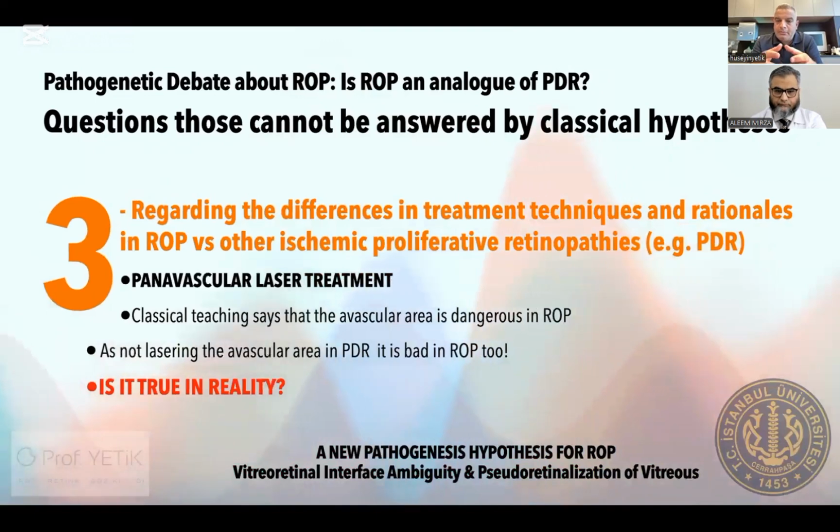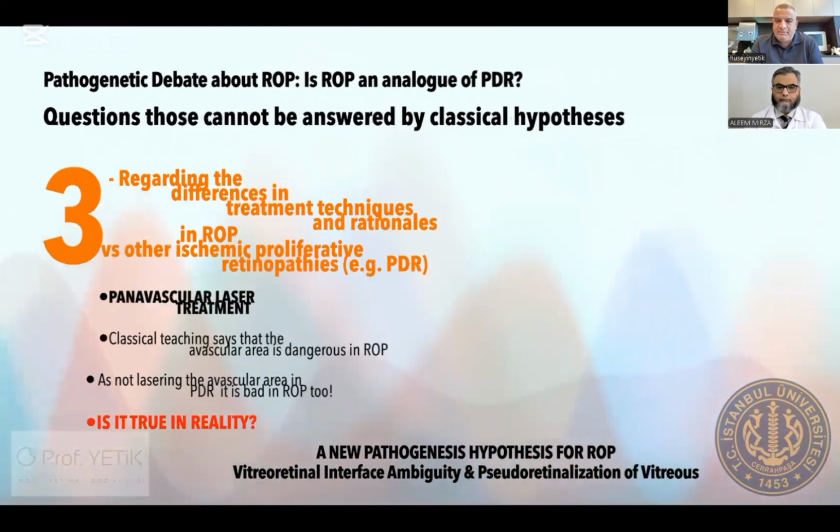Also, depending upon this ischemic theory, the classical modality says that we should perform pan-avascular laser treatment. But if we don't perform laser to hold the retina, then there will be problems. It says something like this.